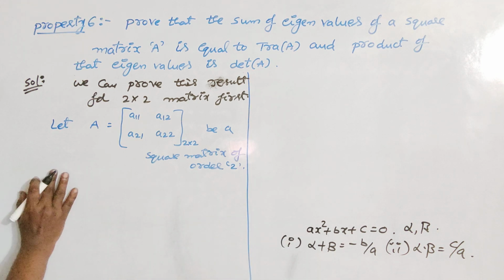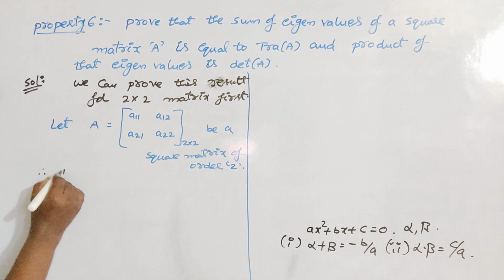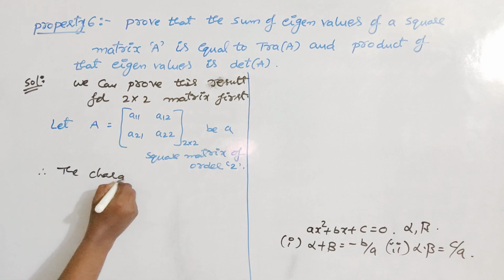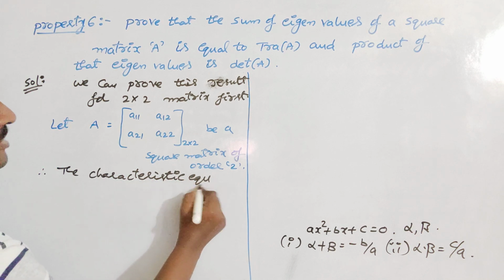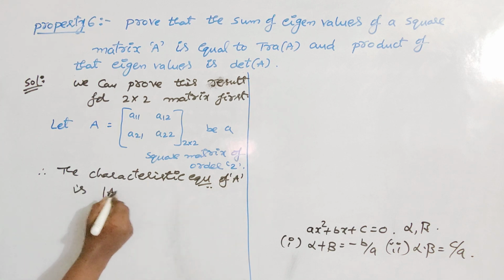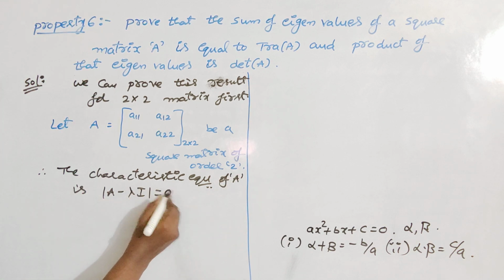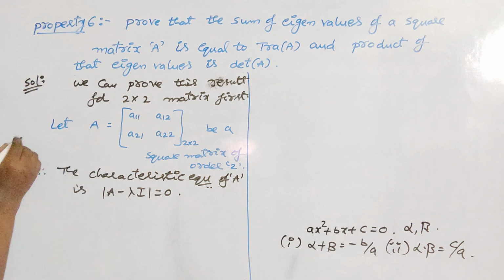Now we are going to find the eigenvalues of this general matrix. For that purpose, write the characteristic equation. The characteristic equation of A is determinant of A minus lambda I is equal to 0. Before writing the characteristic equation, can you tell what is trace?